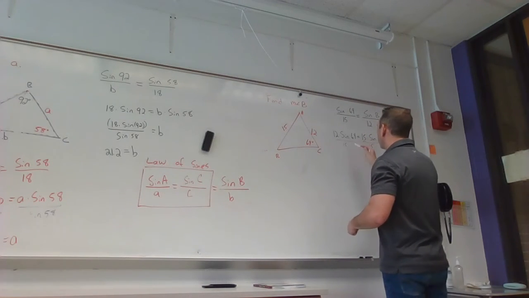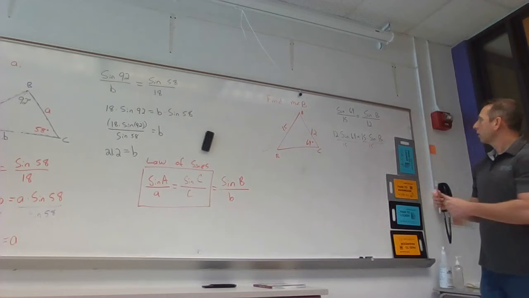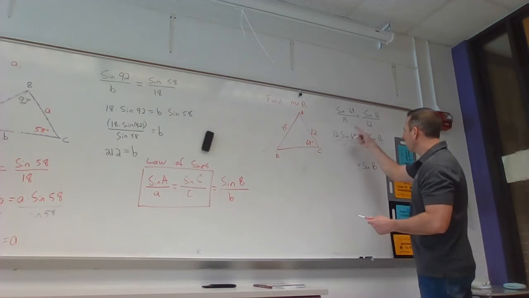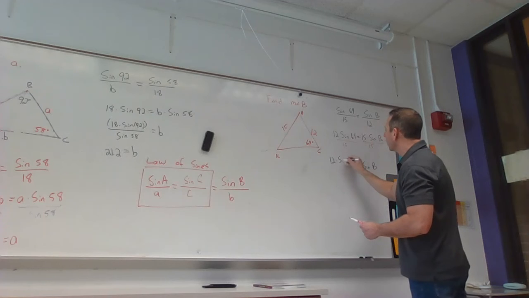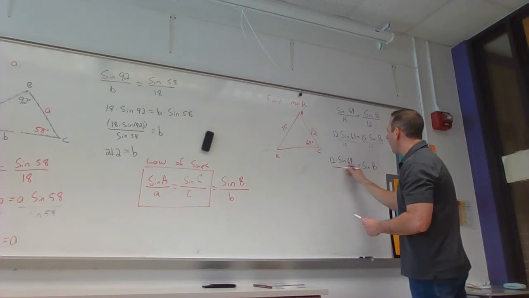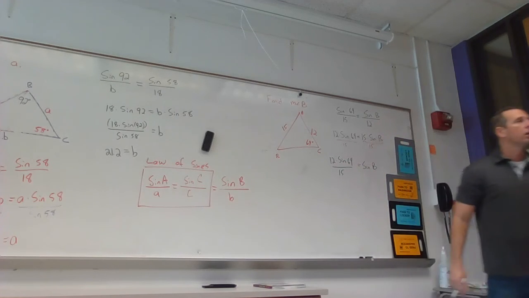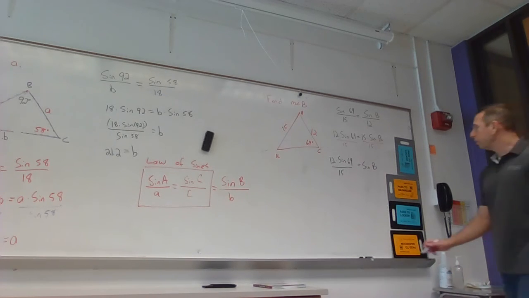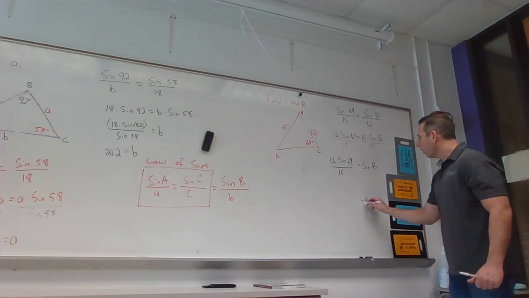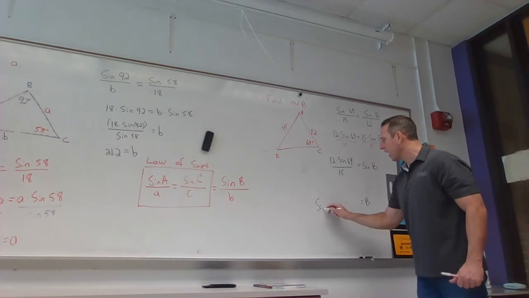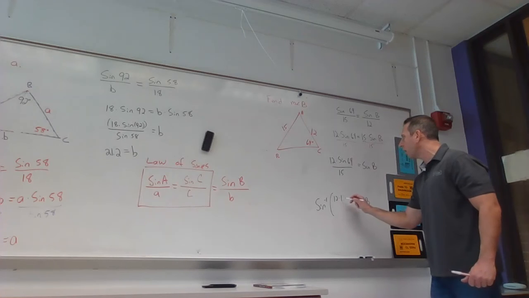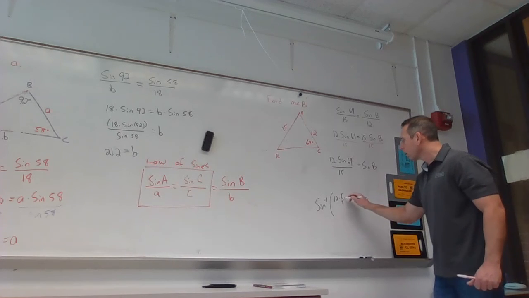Sine B equals all of this. And now what do we do to find angle measures? Inverse, yes. To find B, we got to do the inverse sine of all of this.